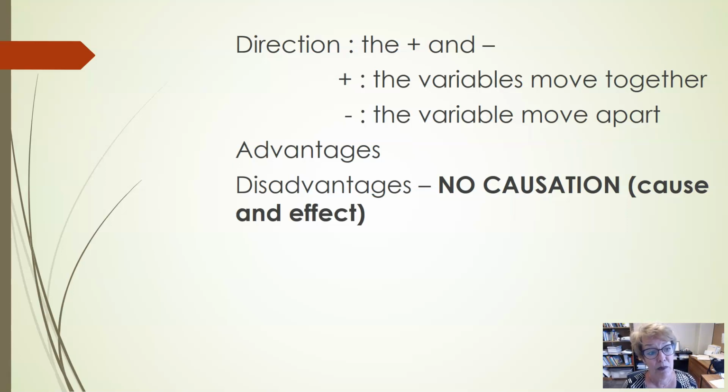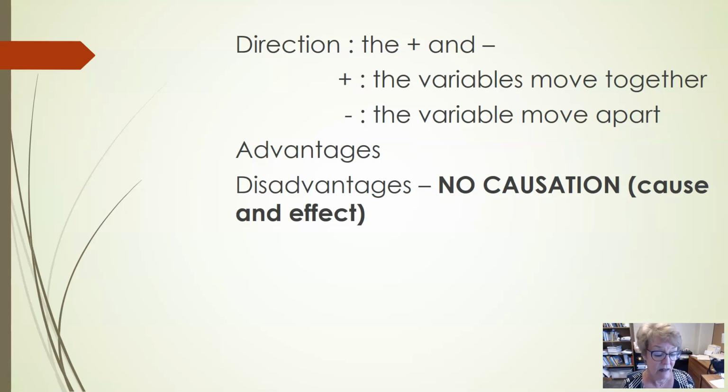For example, if you take violent video games and aggression in children, there is a positive correlation. The more time a child spends playing violent video games, the more aggressive the child tends to be. It's not a perfect relationship at all, but there is a slight positive correlation.